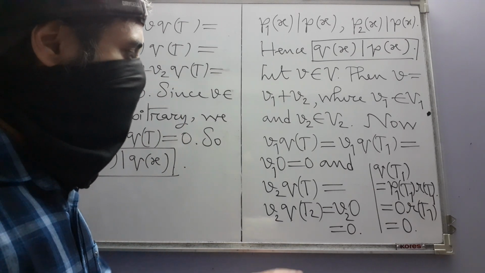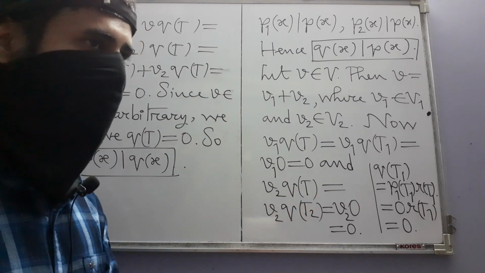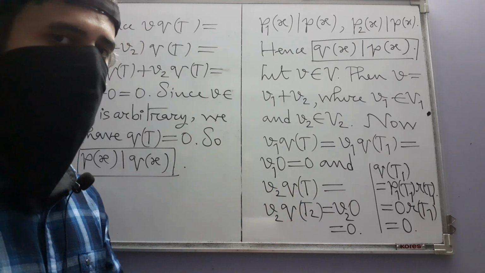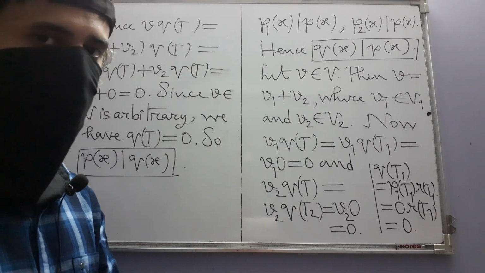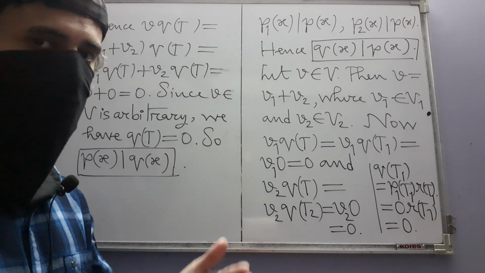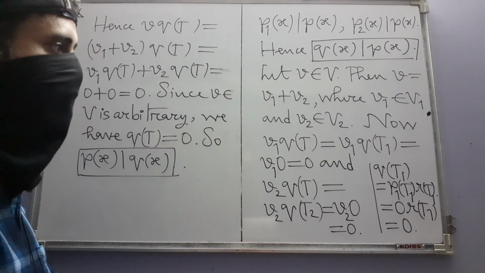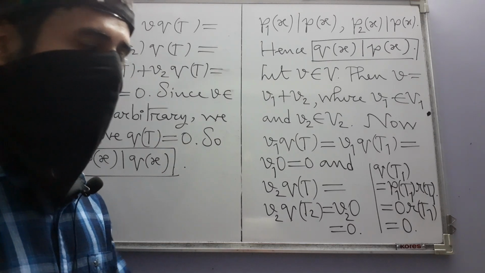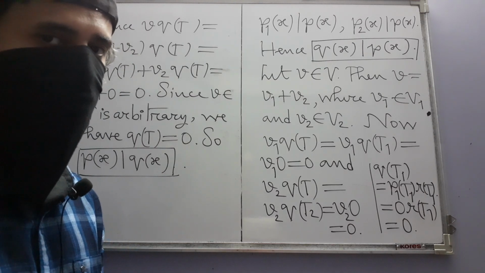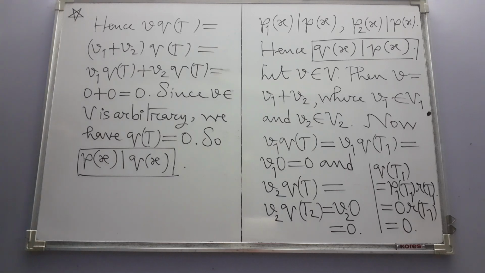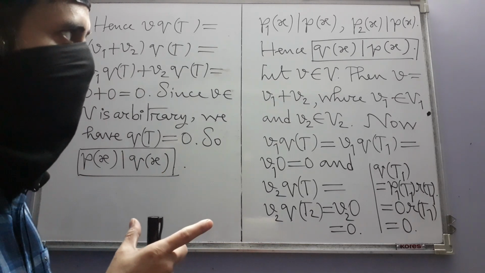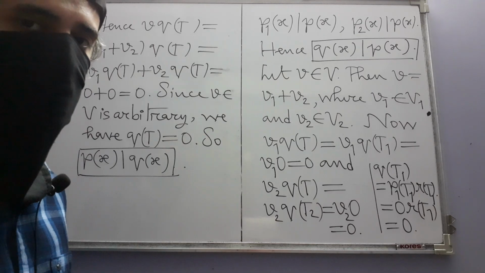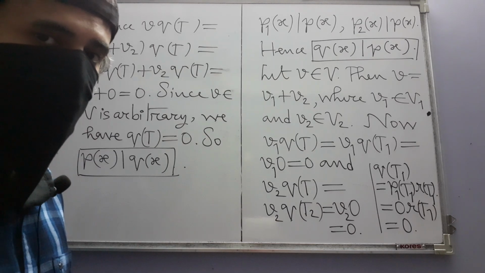And what about Q of x? Q of x is the LCM of, again, two minimal polynomials, P1 of x and P2 of x. So Q of x is also going to be monic. And that is why from these two things and combining the monicness of these two polynomials, we get equality.